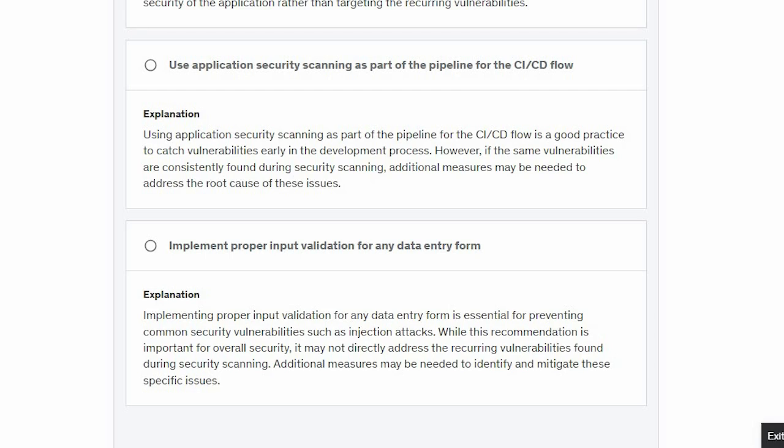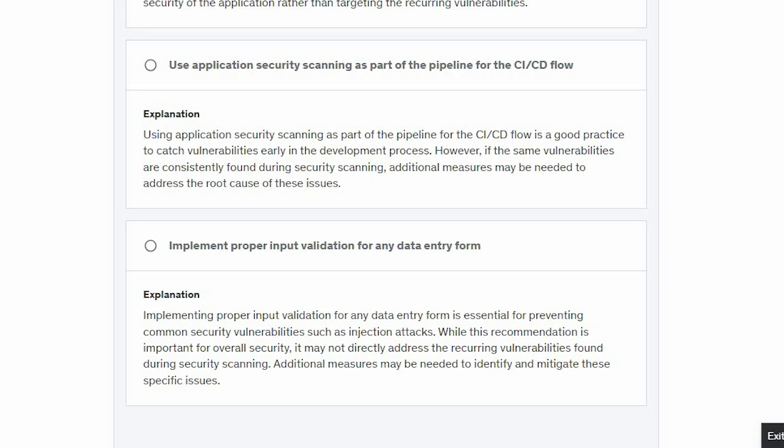Answer number 4. Implement proper input validation for any data entry form. Implementing proper input validation is essential for preventing common security vulnerabilities, such as injection attacks. While this recommendation is important for overall security, it may not directly address the recurring vulnerabilities found during security scanning.